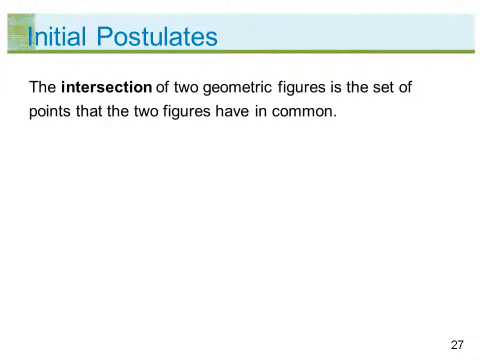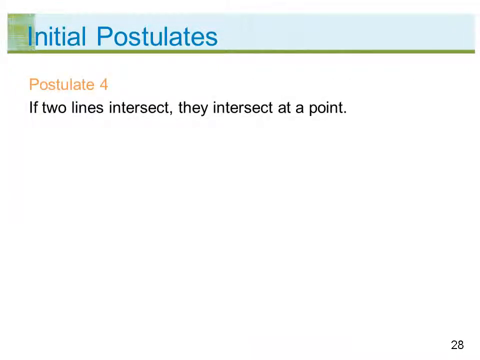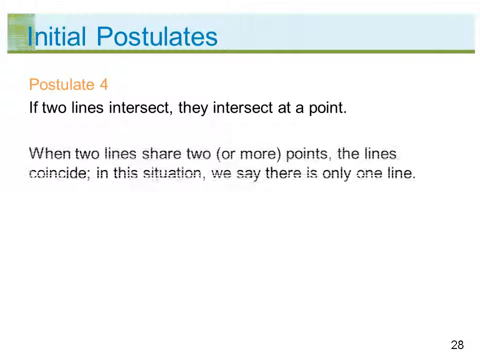The intersection of 2 geometric figures is the set of points that the 2 figures have in common. In everyday life, the intersection of Bradley Avenue and Neal Street is the part of the roadway that the 2 roads have in common. Figure 1.38. Postulate 4. If 2 lines intersect, they intersect at a point. When 2 lines share 2 or more points, the lines coincide.